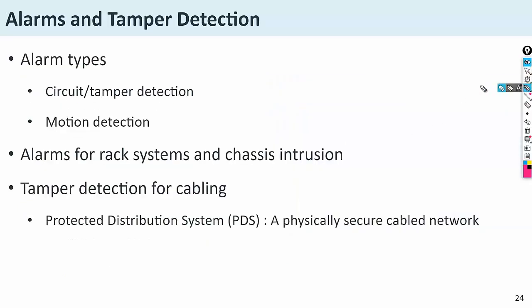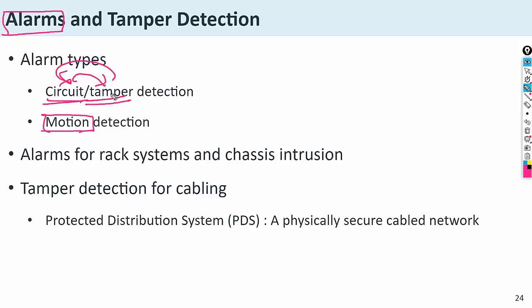Another is alarm and tamper detection. There are different types of alarms. One is circuit or tamper detection. Another is motion detection. Circuit or tamper detection means any type of circuit is closed or open, depending on the situation.